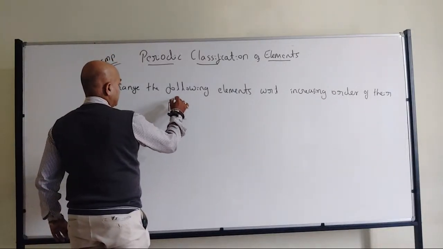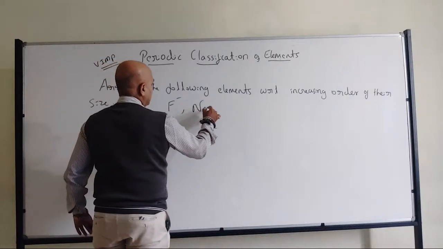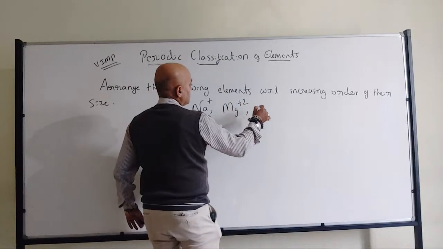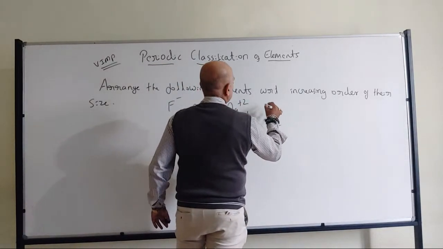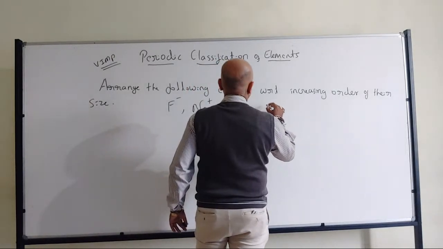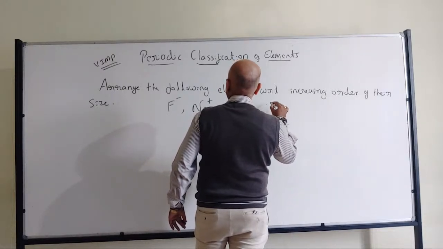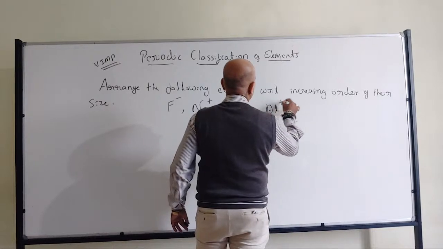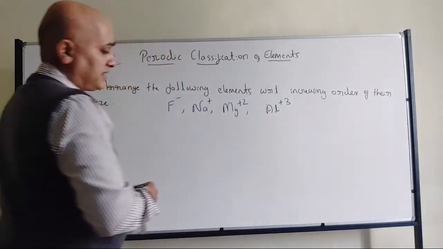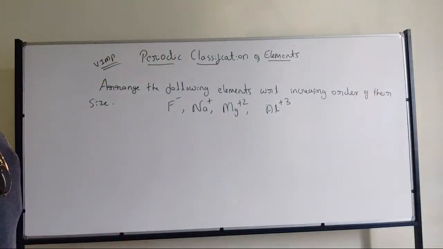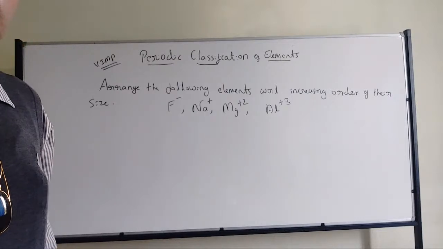Those elements can be F minus, Na plus, Mg plus 2, then even we can talk about Al plus 3. So these are the elements. You should arrange them in increasing order of their ionic radius. All are ions.